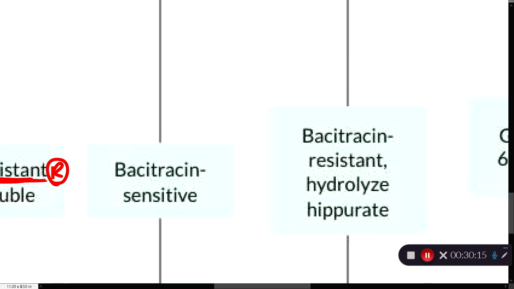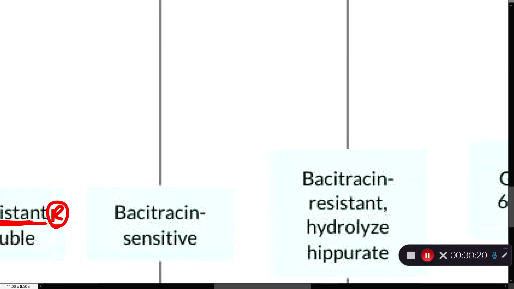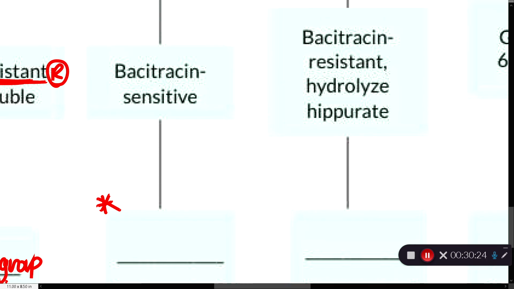So if it tells you, again, catalase negative, gram positive, so it looks purple on a gram stain, gram positive, cocci in chains. You might want to test it for bacitracin sensitivity to see if it's sensitive to this particular antibiotic, which bacitracin, if you remember from the cell wall antibiotic video, it targets bactoprenol, right?